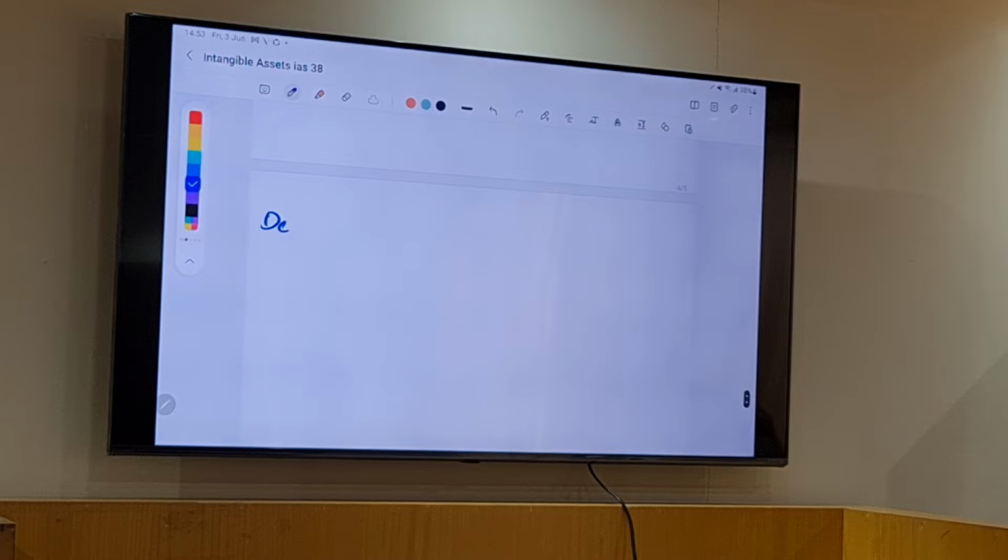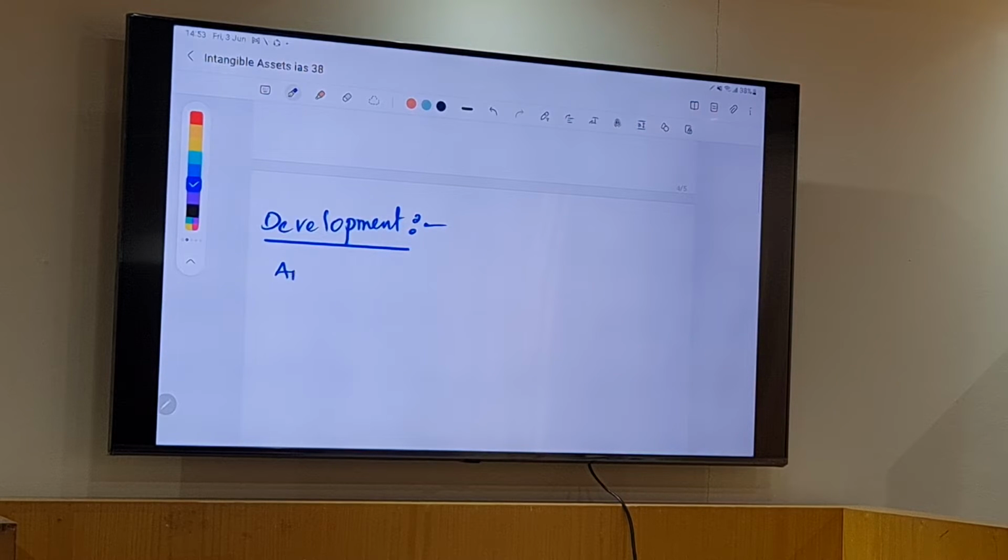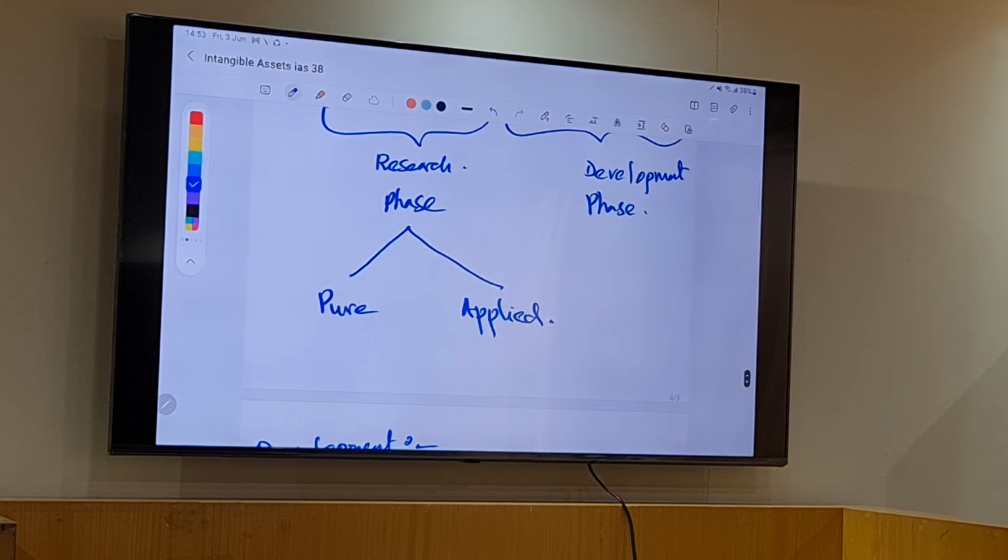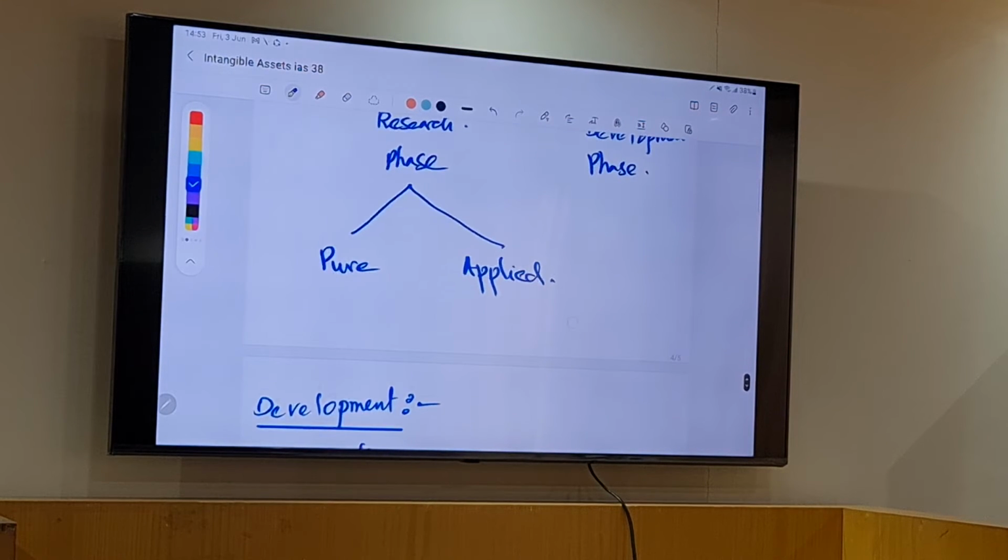Now we will talk about development. An activity. Research plus what are the two? Pure and applied. Pure and applied.